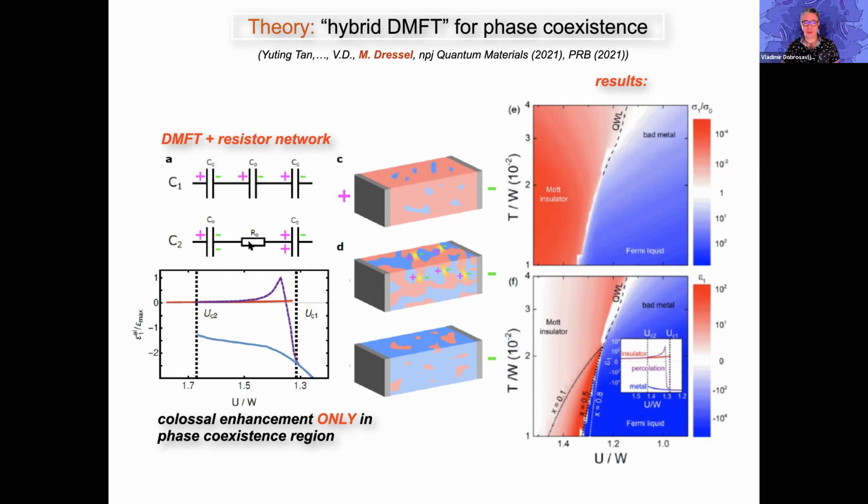But I can explain to you physically why the inhomogeneous situation leads to a huge dielectric response. Imagine that the metallic regions, which are blue here, are still not connecting, but they are very large. So to get such a domain, which is represented by a resistor, we replace one of the capacitors by a resistor. Now we have a metallic domain.